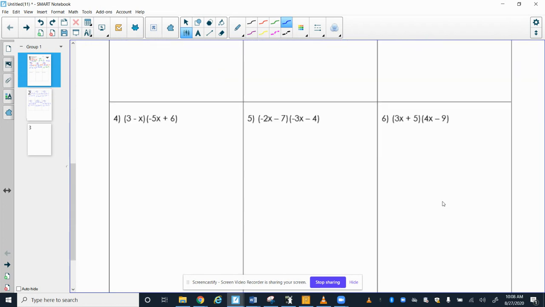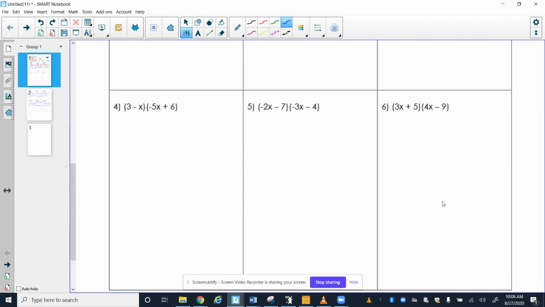Try some more. So now let's make it a little bit different. So every one so far, the x was in front and then the number. So let's try to flip that. It's the same process though. We're going to multiply the 3 to both. So 3 times negative 5x, that's negative 15x. 3 times 6, plus 18.